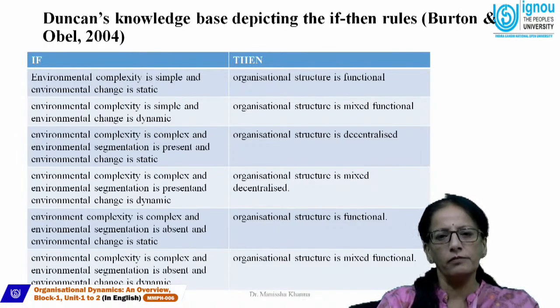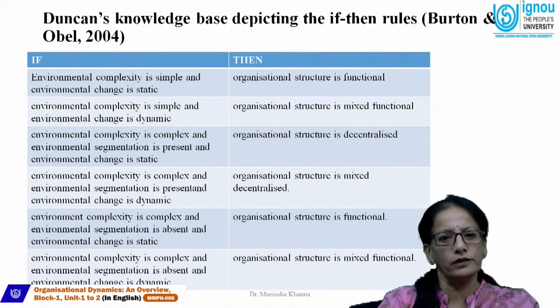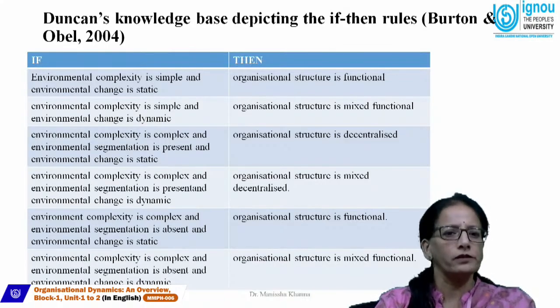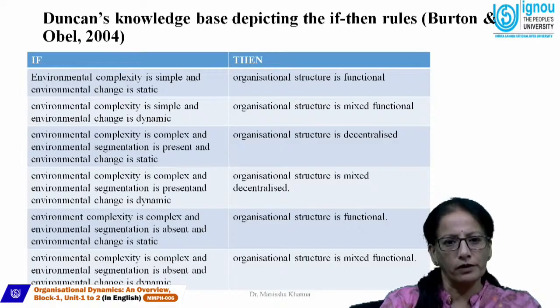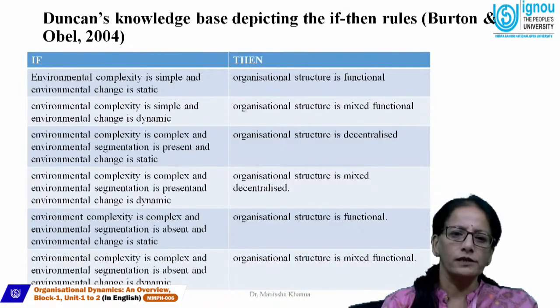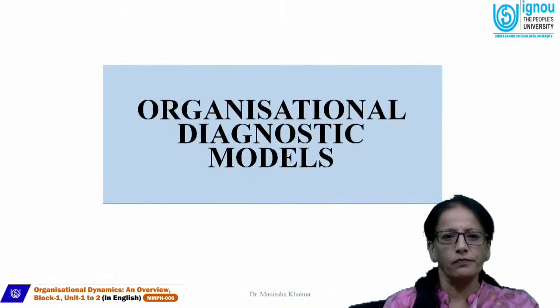So there are basically 6 conditions on which it is decided whether the organization structure is functional, mixed functional, decentralized or mixed decentralized. This all depends on the conditions of the environmental complexity, and on the other hand the environmental segmentation, which is decided on these bases.